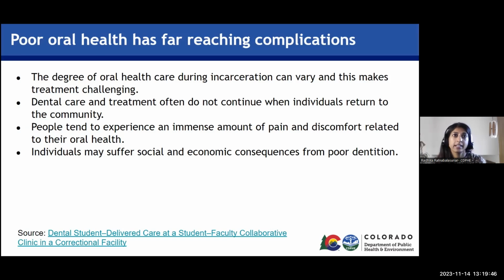People tend to experience an immense amount of pain and discomfort, and they may also suffer social and economic consequences from poor dentition. The degree of oral health care during incarceration can vary, and this does make treatment challenging. And dental care and treatment often do not continue when the individual returns to the community. Next slide, please.